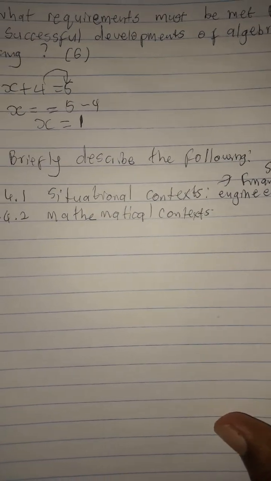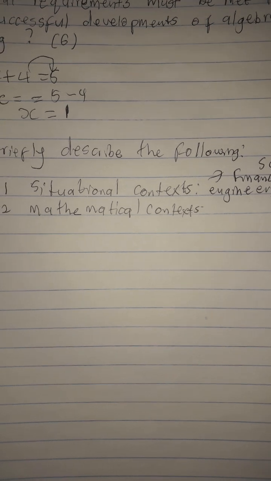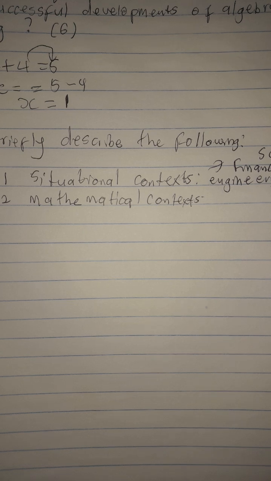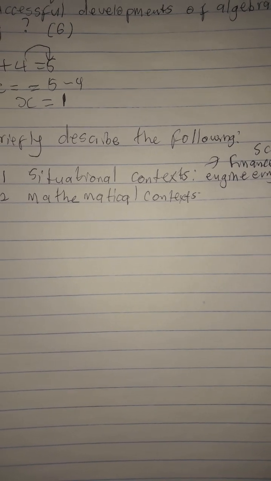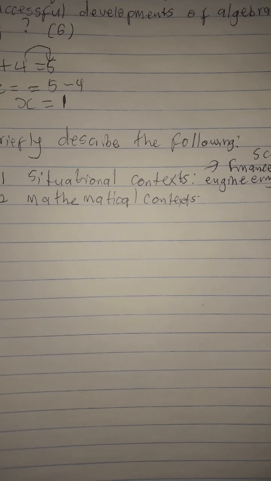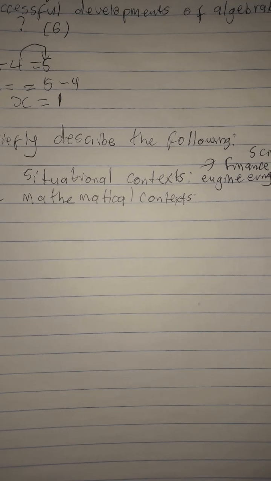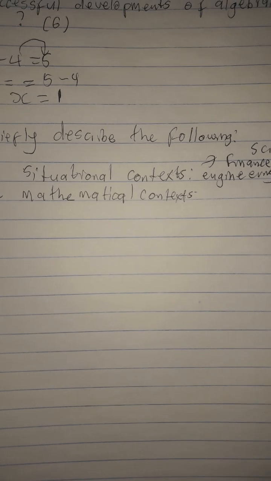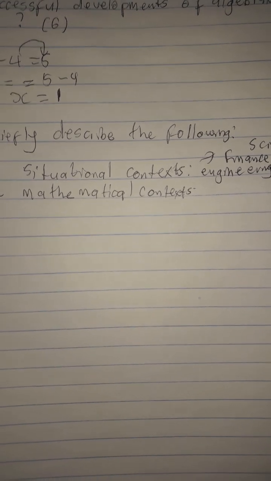What about the mathematical concept? Under mathematical context, we have abstract mathematical structures or systems, such as groups, rings, and vector spaces, that provide a framework for mathematical reasoning and problem solving.